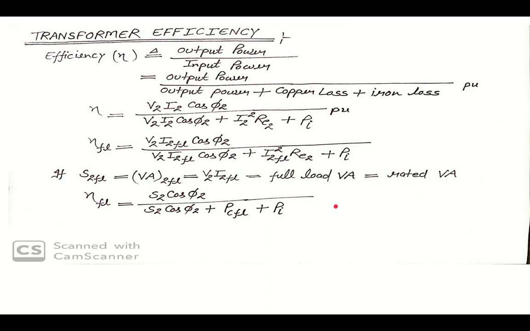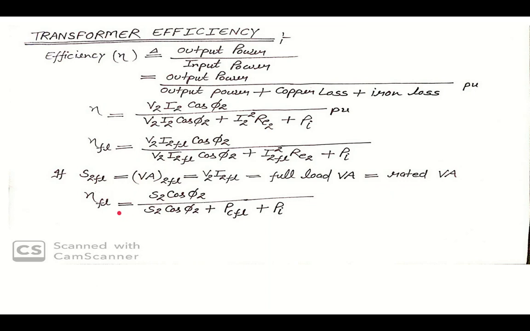So we get the rated value in the form of efficiency: eta at FL is equal to S2 cos phi 2, where S2 is equal to V2 I2 FL. So in place of V2 I2 FL we can put S2.